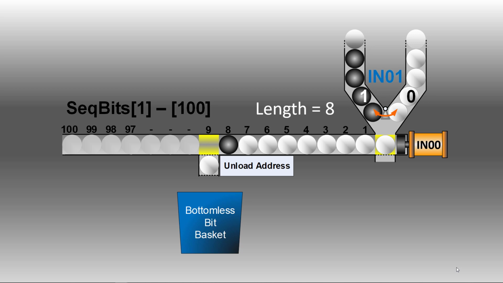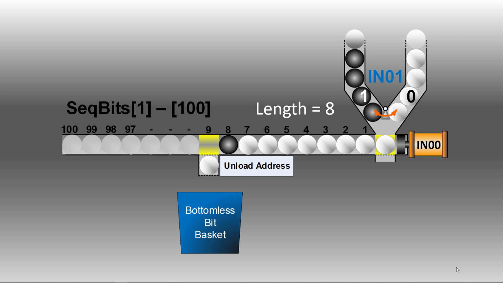So input 1 determines the state of the bit that we want to push into the first position, a 0 or a 1, an on or an off. So input 1 is the state of the bit that we're going to load. Input 0 is the execute.